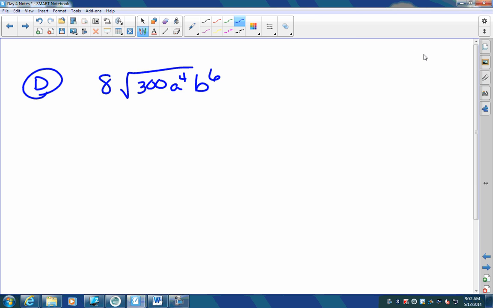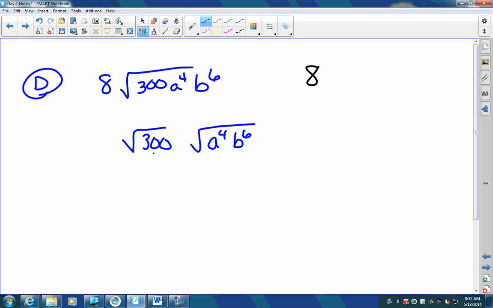When you look at this one, the 8 is outside the square root sign, so looking inside is what we're going to deal with. I'm going to do the square root of 300 and then the square root of a to the 4th, b to the 6th. The original 8 stays outside the square root sign.